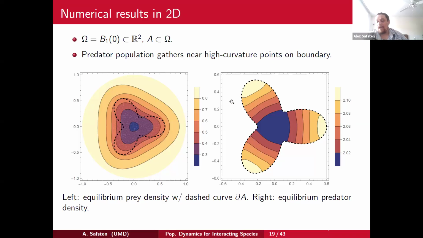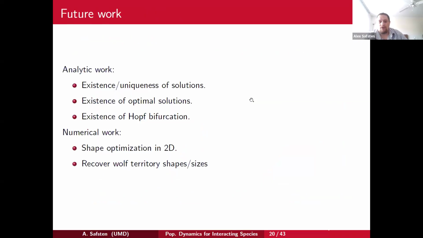This is ongoing work, but we would like to better understand how the shape of the predator domain influences their population density and their total population, and do shape optimization, which leads to our future work. We'd like to get a better handle on the uniqueness of solutions, the existence of optimal solutions or optimal domain sizes for the predators, and this Hopf bifurcation, which we have observed numerically.